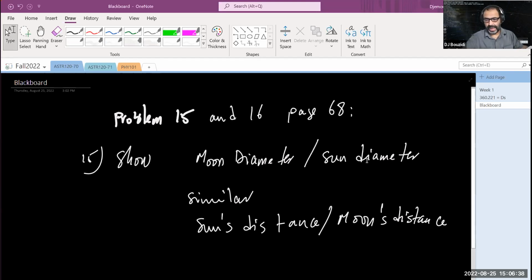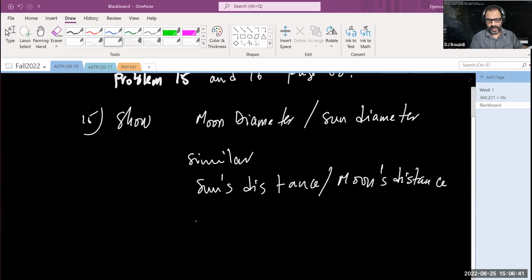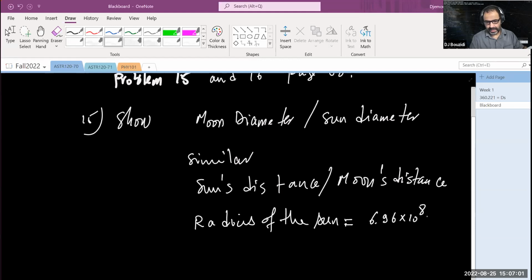Remember, we need the diameter of the sun, and the diameter is just twice the radius. So they gave us the radius of the sun, and according to this, it's 696,000 kilometers, or 6.96 times 10 to the power 8 meters. That's literally what it says, which is roughly about 700,000 kilometers. Remember, when you do the power, you're multiplying by 10 that many times, and 1 kilometer is 1,000 meters.